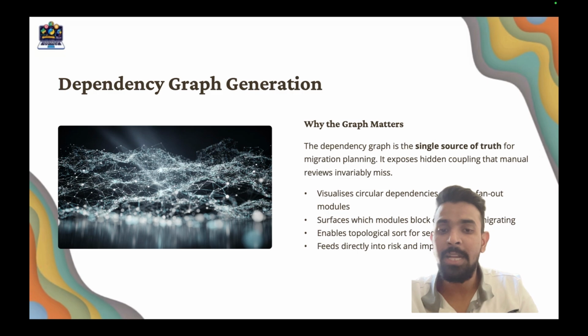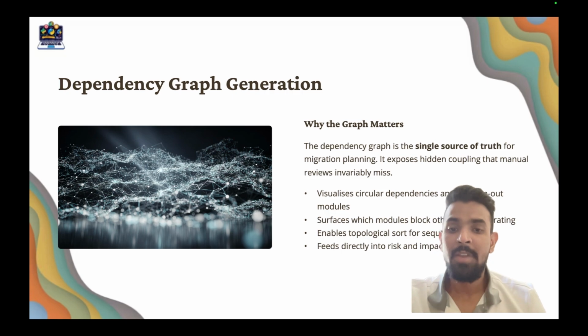Using techniques like topological sorting, engineering teams can identify which components are safe to migrate first and which should remain until later. If there's one takeaway from this slide, it is this: you can't modernize what you don't fully understand. The dependency graph provides that understanding.